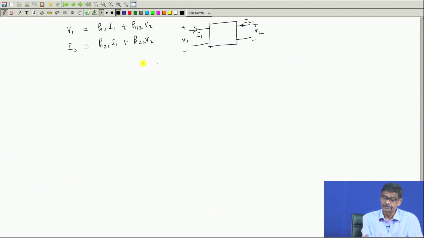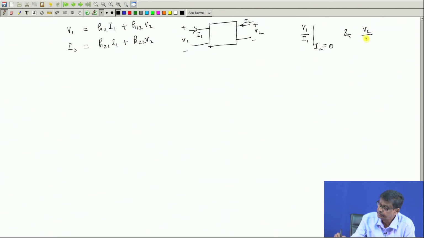Suppose these relationships are expressed in terms of the H parameters, then we know to test the symmetry we have to calculate V1 by I1 with I2 equal to 0 and V2 by I2 with I1 equal to 0, and I will equate them to get the desired condition. That is what I have to do.